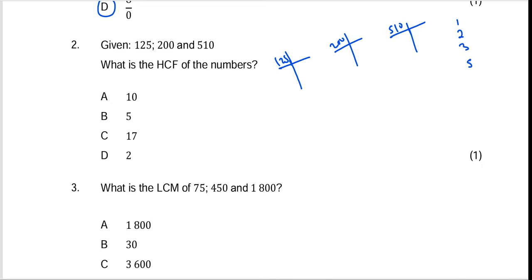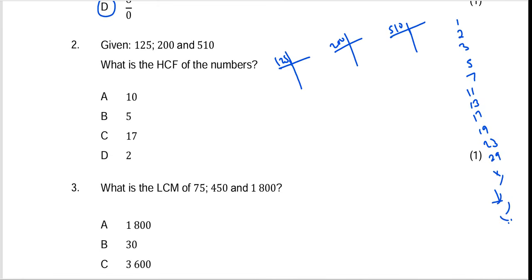Those are prime factors: 2, 3, 5, 7, 11, 13, 17, 19, 23, 29, etc.